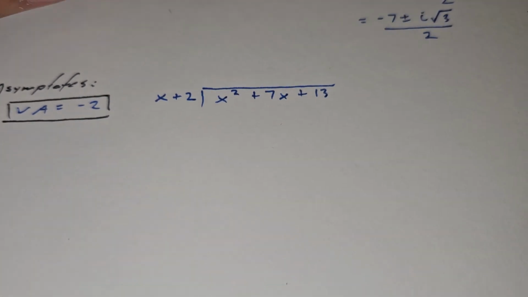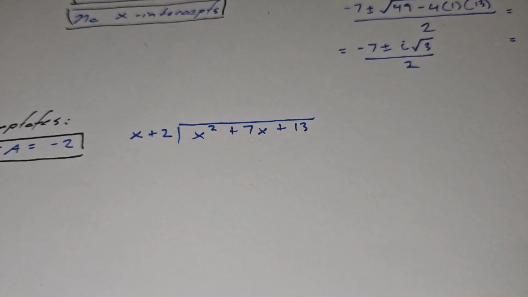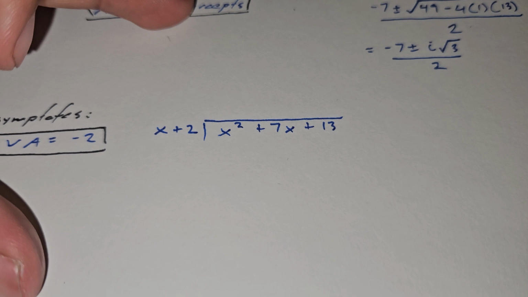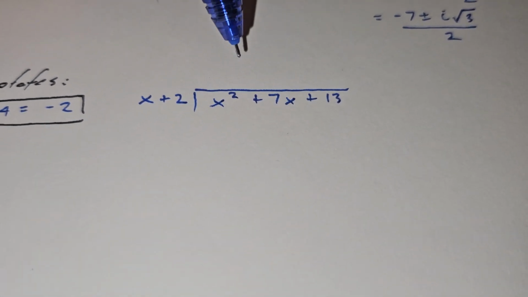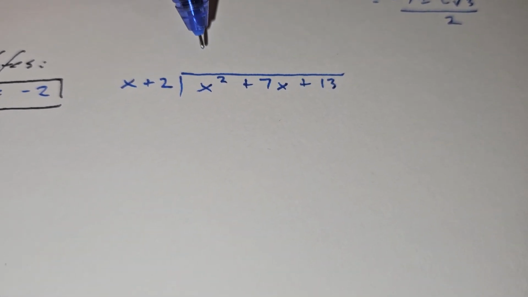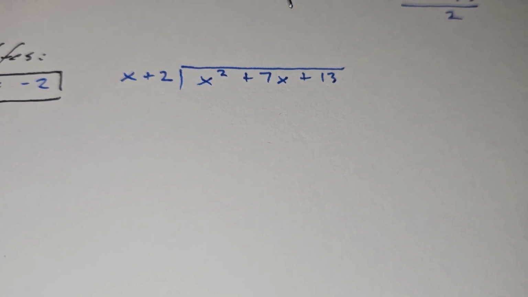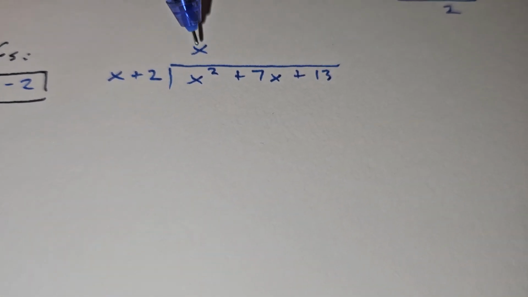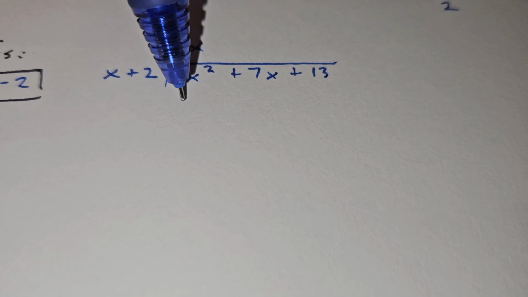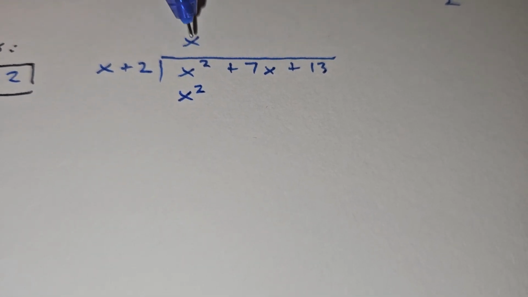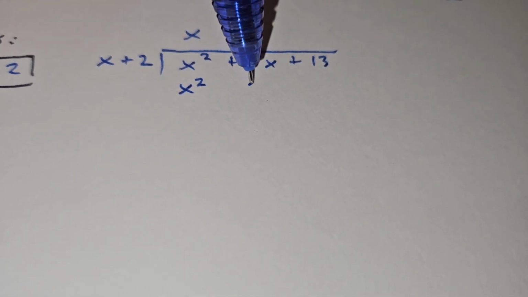What here is going to give me x squared? That's going to be an x. x times x is x squared, and then x times 2 is 2x.